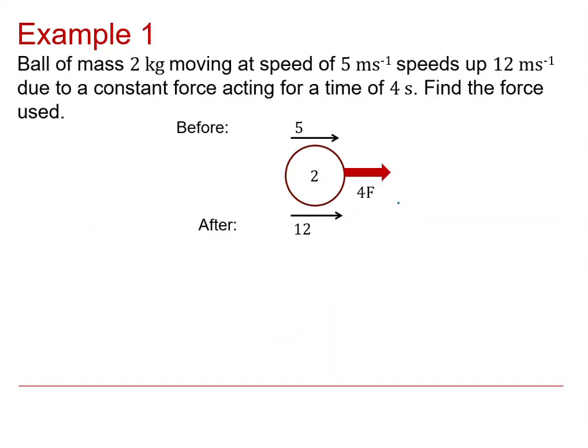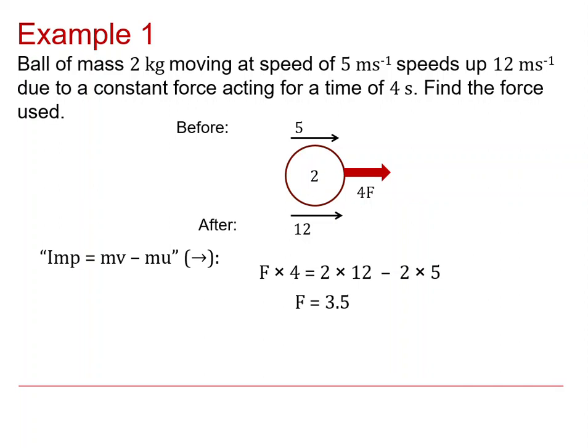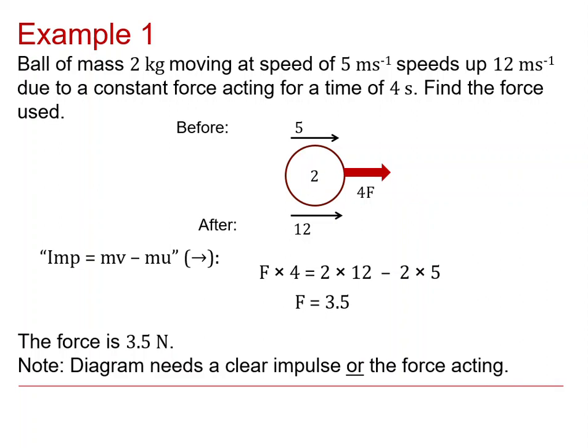So we show on the diagram not the force but the impulse, which is 4 times F for the unknown force. So our impulse momentum equation can now be invoked to say that 4F is the final momentum, 2 times 12, minus the initial momentum, which is 2 times 5. So following that through, on the right we have 24 minus 10, 14, divided by 4 is 3.5. So finally the force is 3.5 newtons.